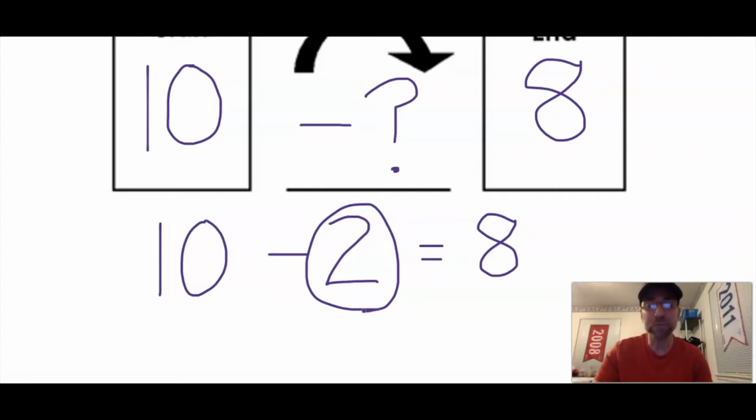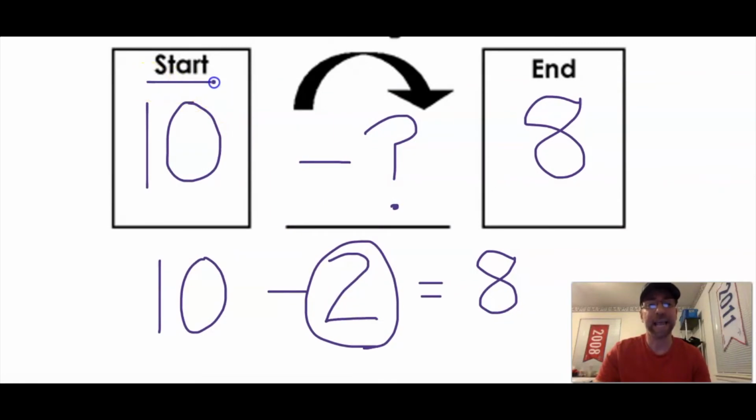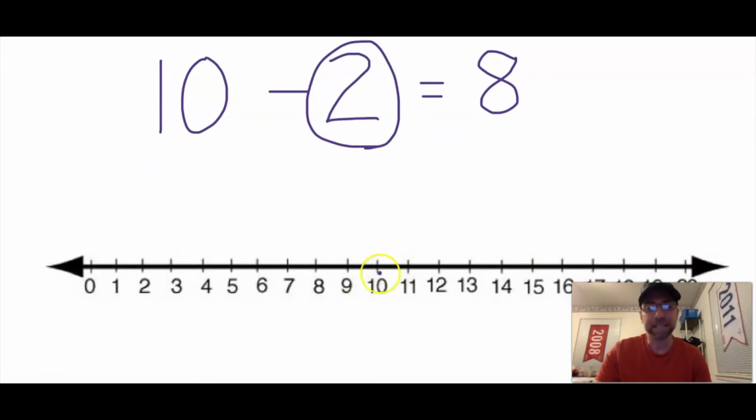We can also do this problem on our number line. I started at 10. I ended at 8. How many hops do I have to make to connect the dots? 1, 2. 2 hops. 2 less.